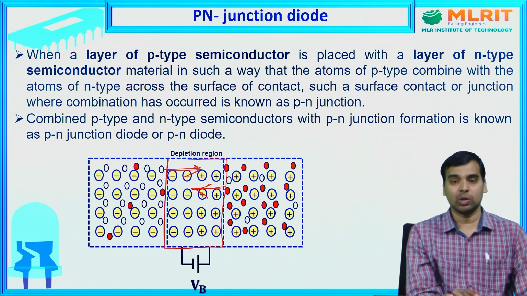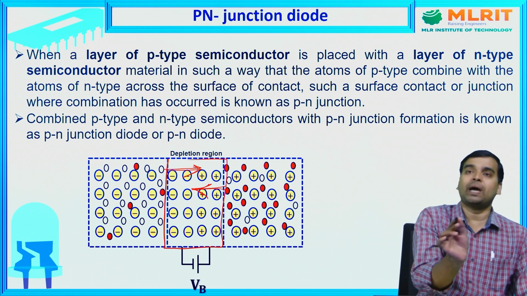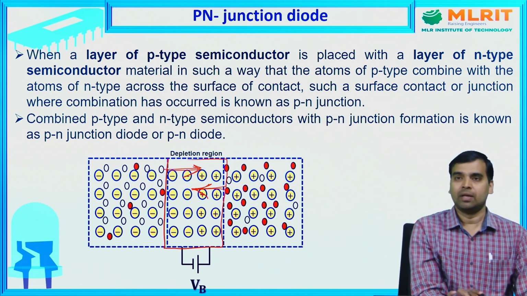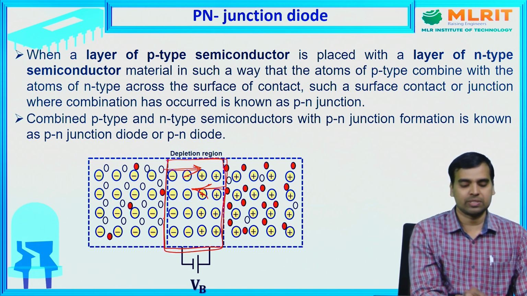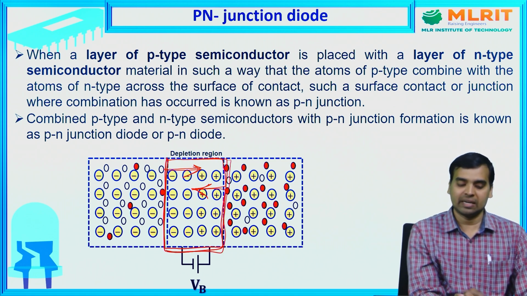I hope you all know that a hole is nothing but an electron vacancy. Whenever an electron occupies that electron vacancy, that electron becomes a bounded electron. It won't behave like a free electron.